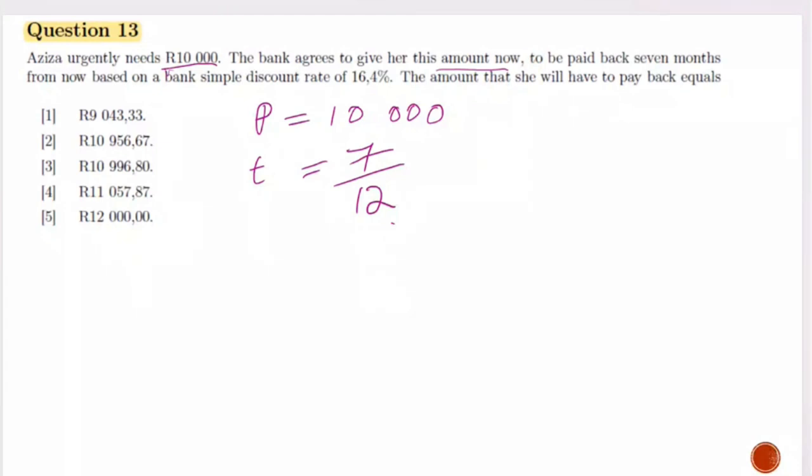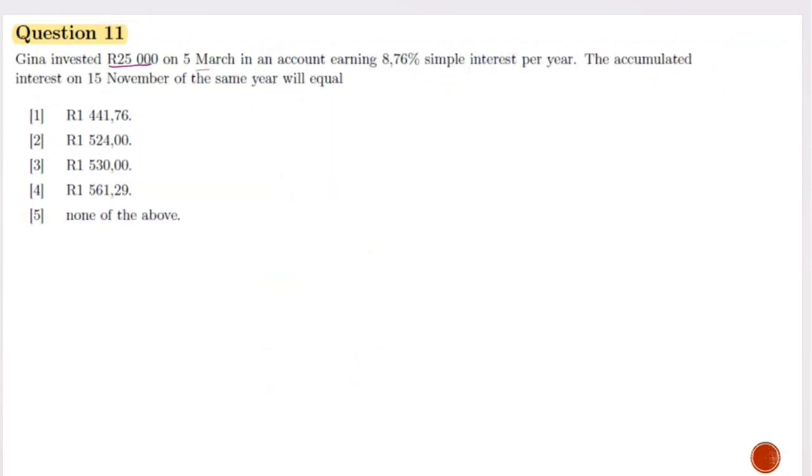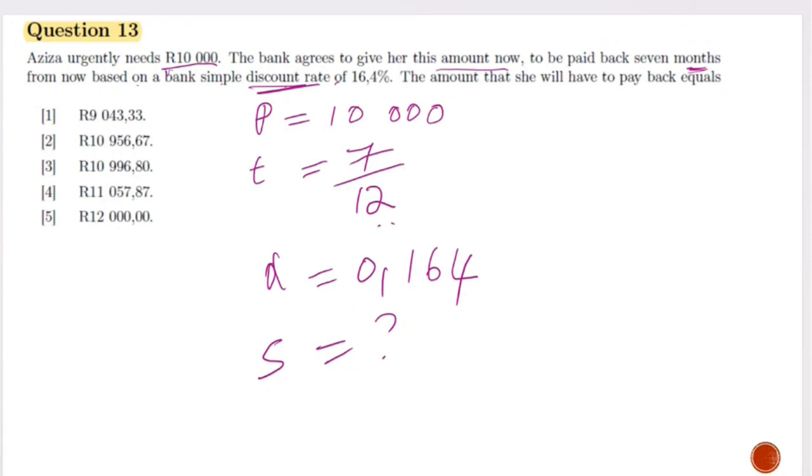So you divide by the number of months, that is 12, on a simple discount. So your D is equal to 0,164. The amount that she will have to pay back, your S, is required here. What is the formula? You can see we are talking about simple discount. So the formula that you are going to get is for a simple discount.